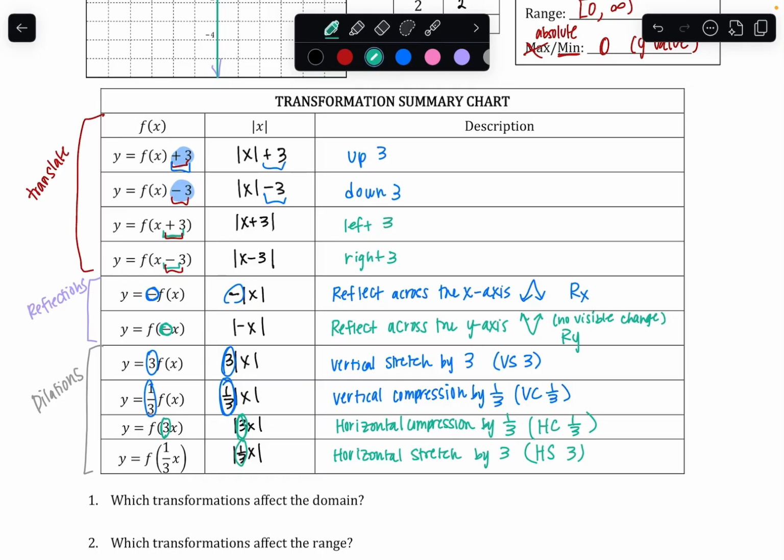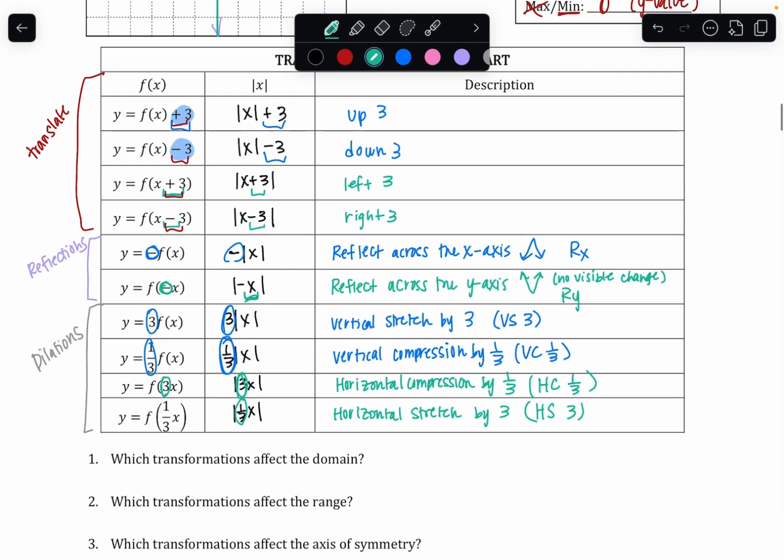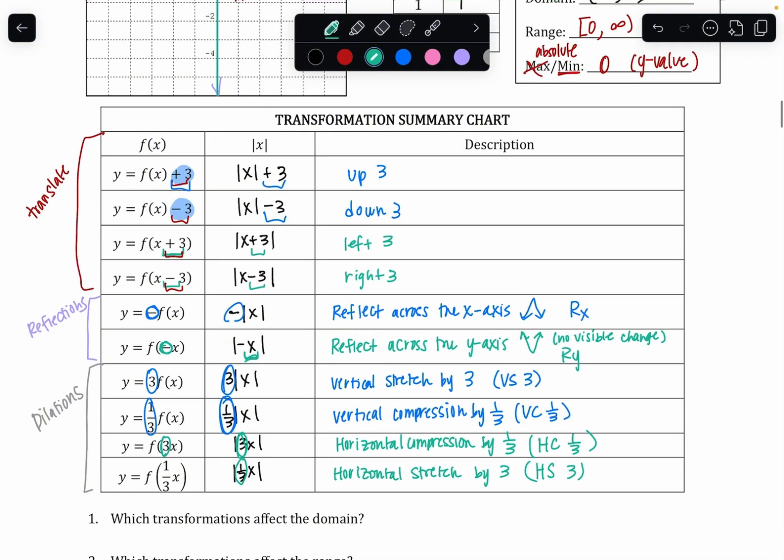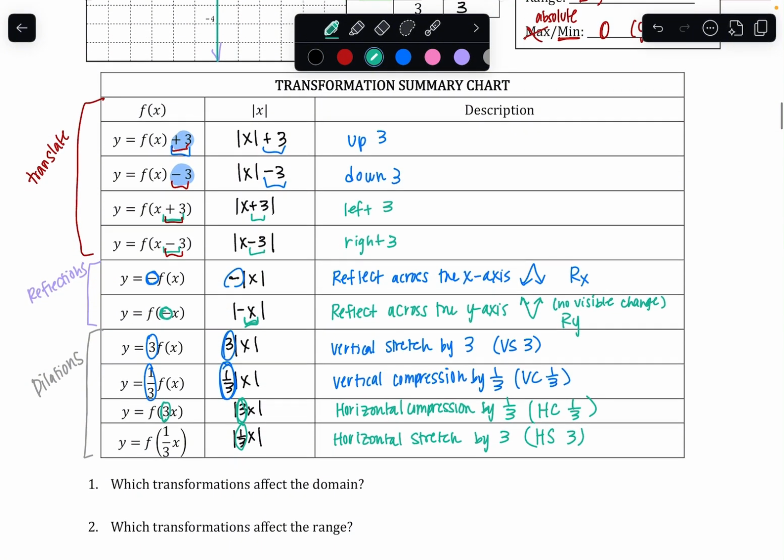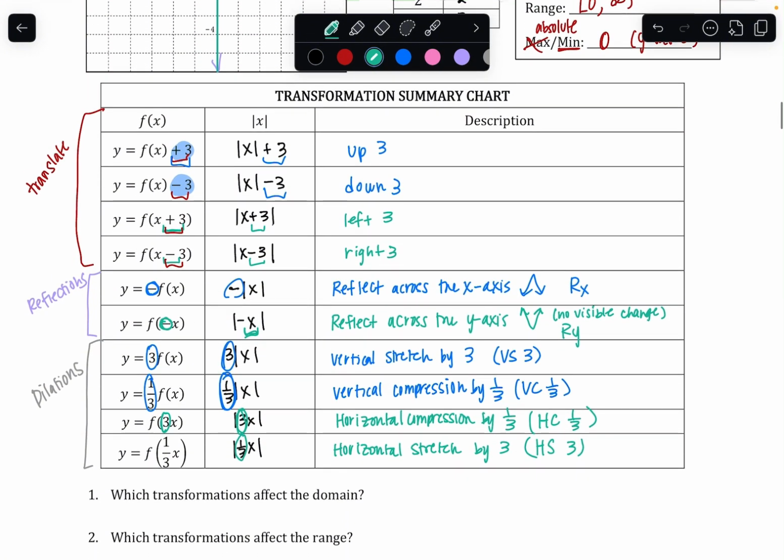Okay, and then anything that was happening horizontally, I did in green, and it's because it was happening inside. It was happening to X. And so X-axis is your horizontal axis. So when you see things happening to X, it's happening in the horizontal direction. And then likewise with vertical. If it's happening outside, it's happening to the output. It's happening in the Y direction.